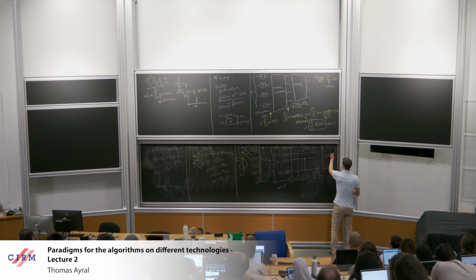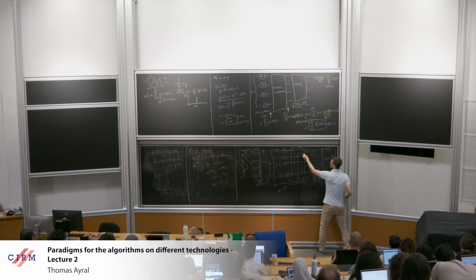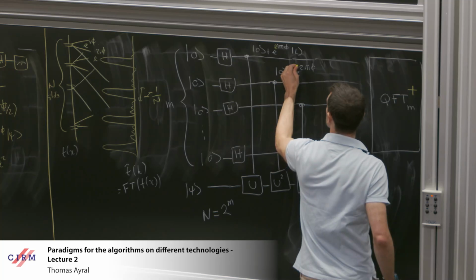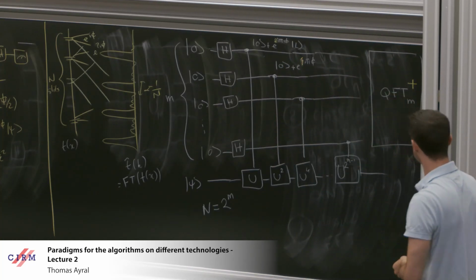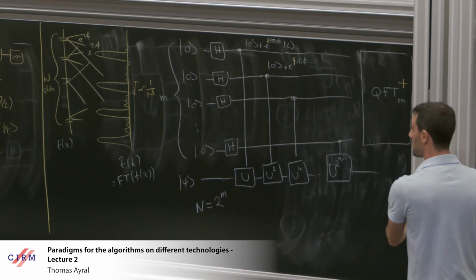So here this is QFT dagger, and there was 2 I pi, so 4 I pi here, and so on and so forth. All right? Okay, so now back.